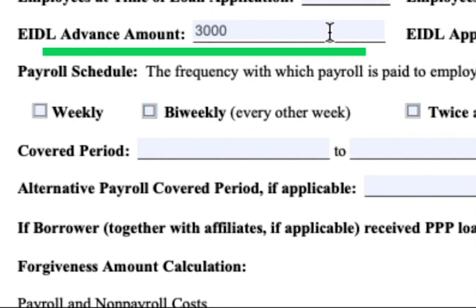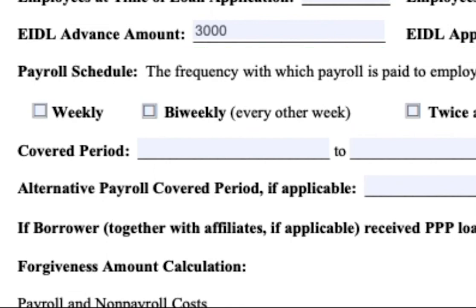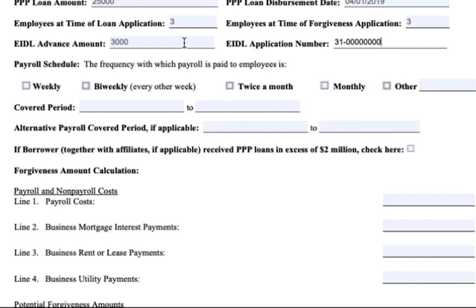Your EIDL advance amount, you want to put that in that field. Your EIDL application number, you want to put that in that field. That's if you received the economic injury disaster loan. The advance amount is that money that mysteriously or miraculously you received from the SBA without signing any loan documents.